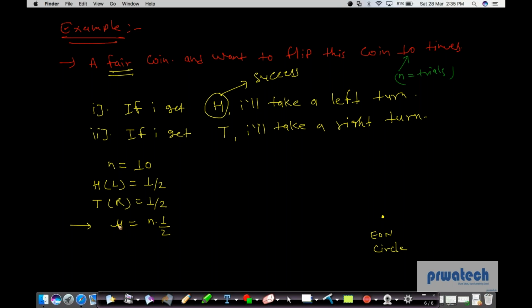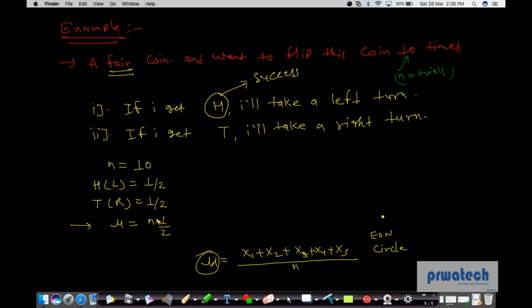Do not confuse here, because in central tendency your mean is different. That formula was: if I have 5 different x values, I add all those x values, x1, x2, x3, x4, x5, and then divide by the total number of x, which is n. So I write 5 values and divide by 5. Then I get a mean. This was for central tendency.